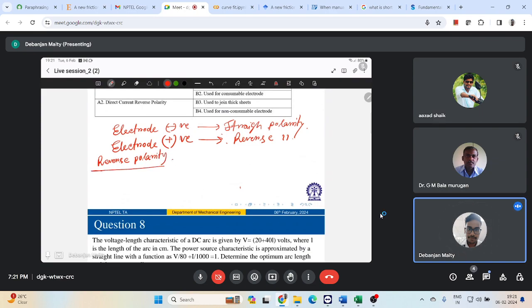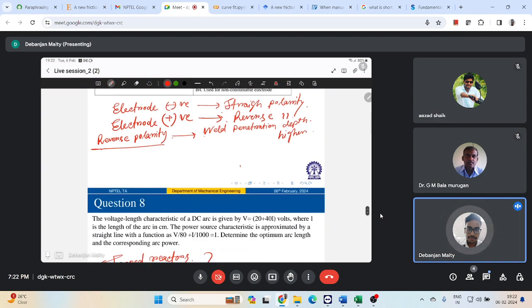I was talking about how two-thirds of the heat will be generated at the anode and the rest at the cathode, because of the kinetic energy and impingement of the electrons over there. So in reverse polarity, the weld penetration depth will be higher compared to the straight polarity.